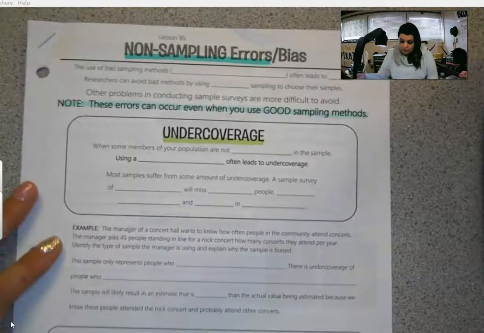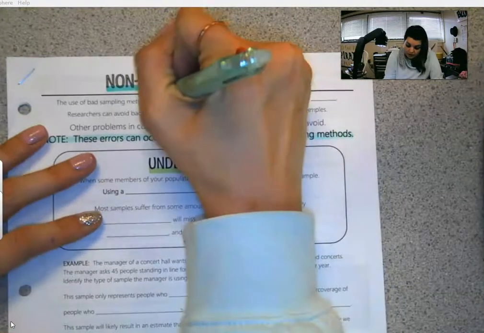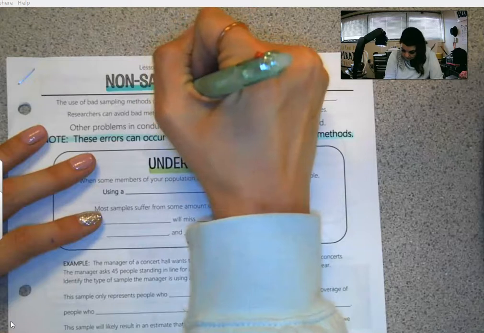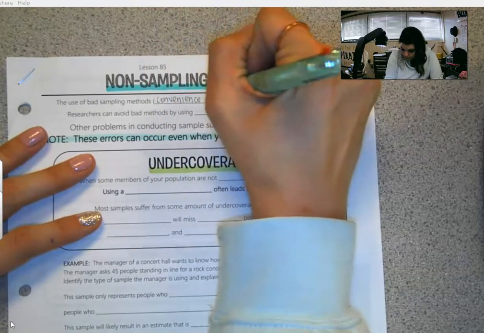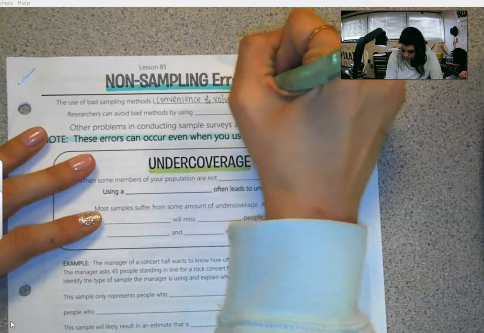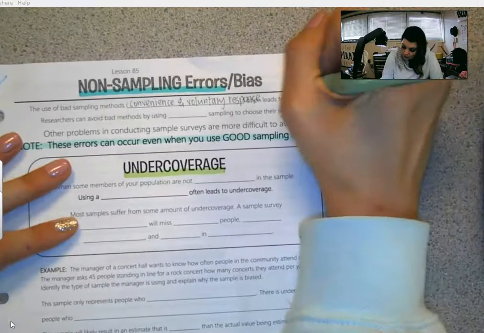So the use of bad sampling methods, and those methods are convenience and voluntary response, often lead to bias.